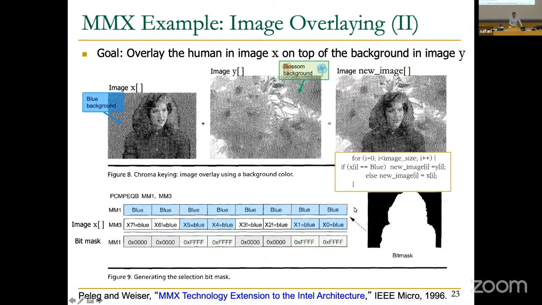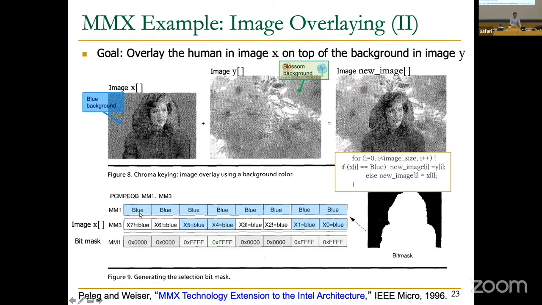You're comparing everything, whether it's blue or not. This is the thing that you're going to try to mask with. And then you load 8 pixels of this image into MM3. And some of them are blue and some of them are not blue, as you can see. These are coded. And what this instruction does, it compares whether the value over here is equal to this value or not. And then the result is a bit mask.